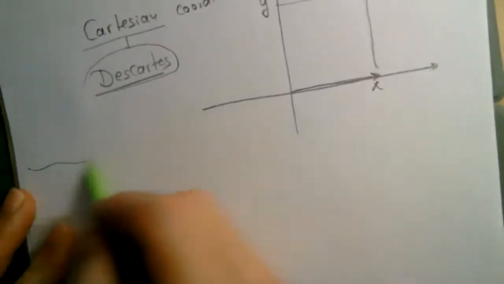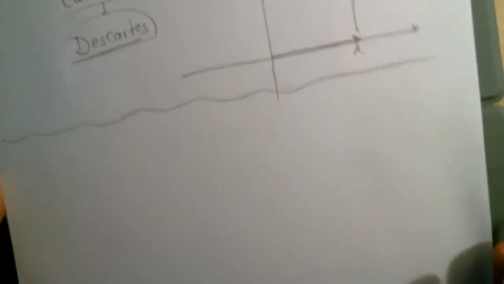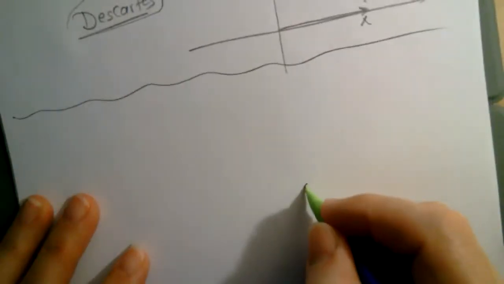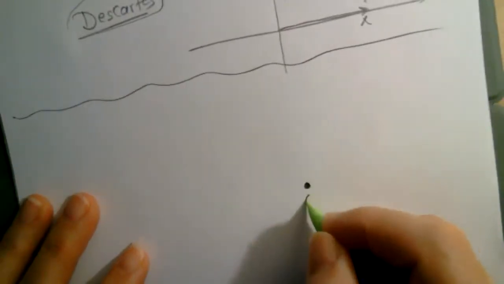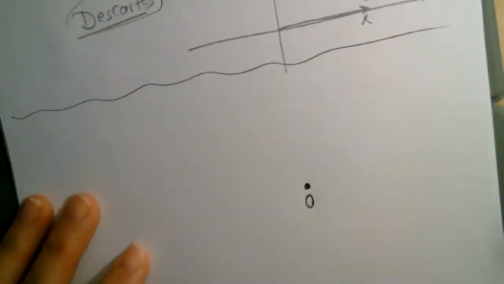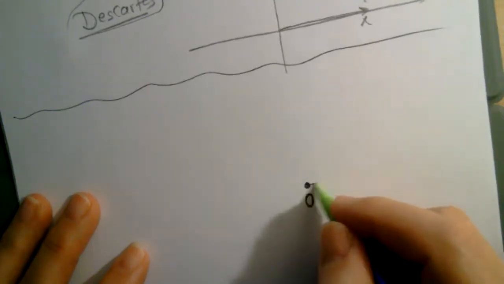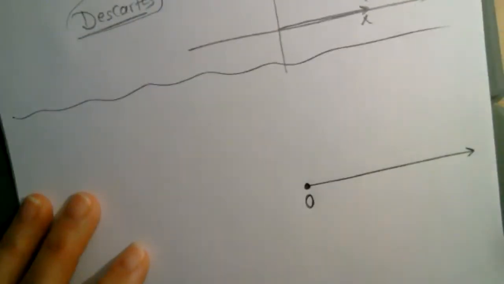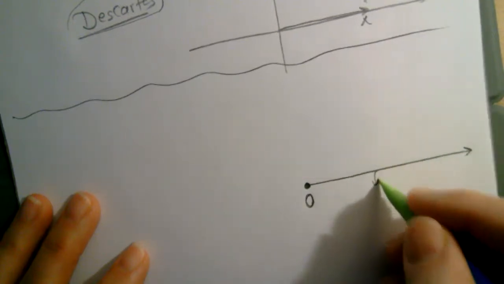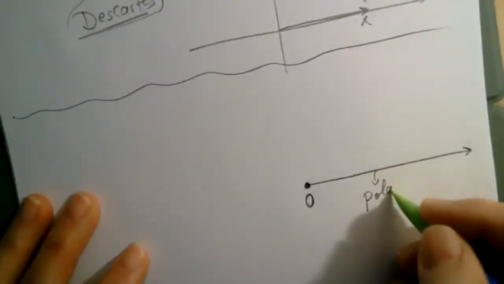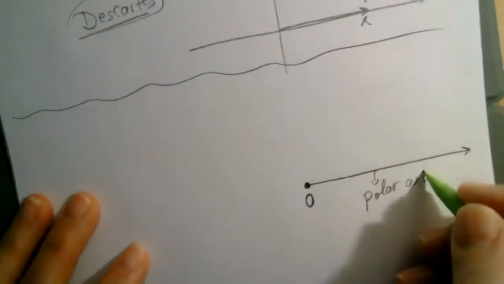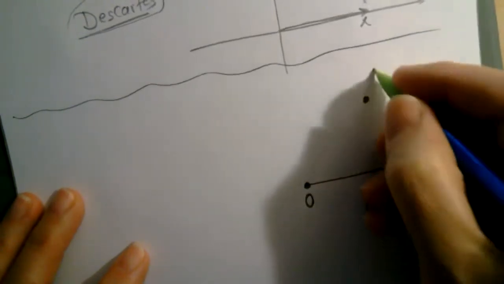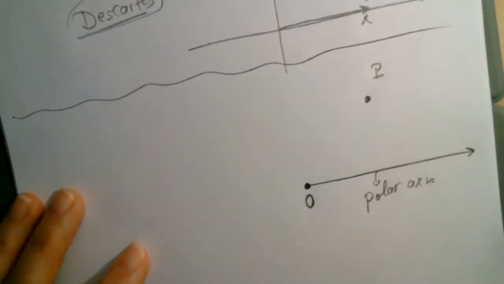So how are we going to locate a point? We take a point. The way we're going to do it is as follows. We will fix a point, we call it the origin, and we will fix an axis. It's usually the positive x-axis, and we call this the polar axis. So we fix a point and an axis, and we take an arbitrary point in the plane.